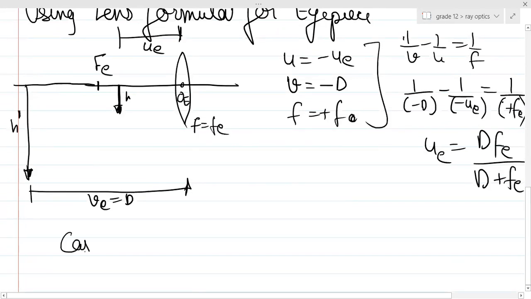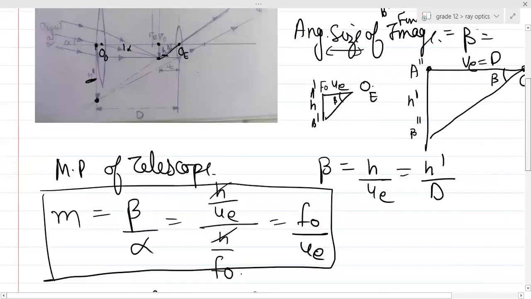And now again the two cases. Case 1. This thing is common, है ना? This thing is common for both the cases. Is this clear, guys?